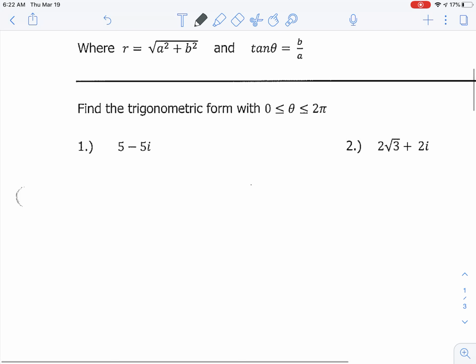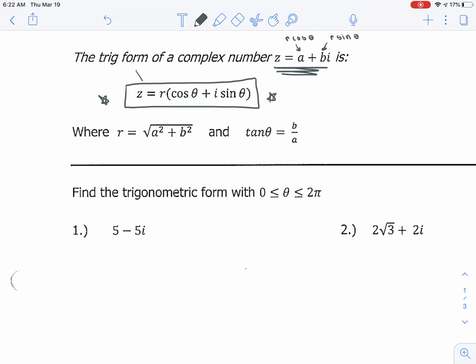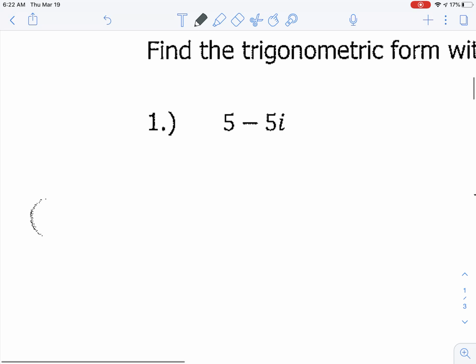So if you're asked to write the trig form, the goal of this is to get it to look like what we see boxed up here. So you're going to do this exactly as we've been doing this with 6-4. You can start by thinking about graphing this. Now, remember, when you graph this, we have the real part representing x and the imaginary part being represented by the y value.